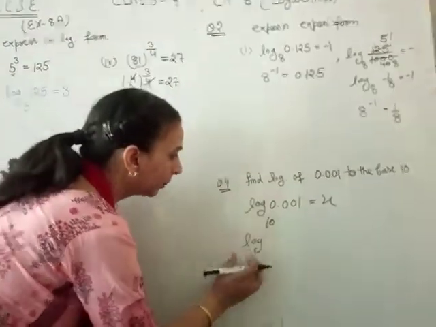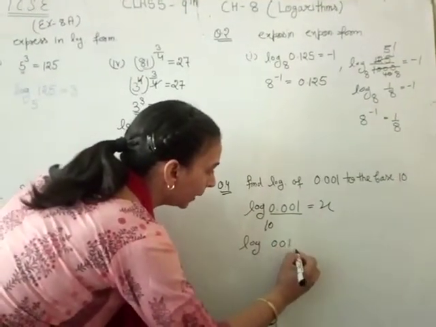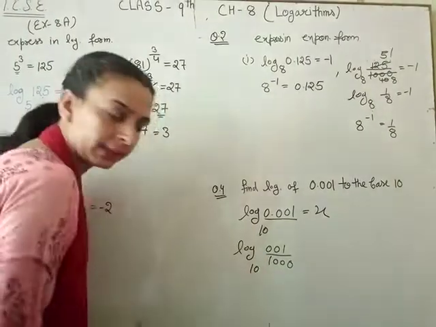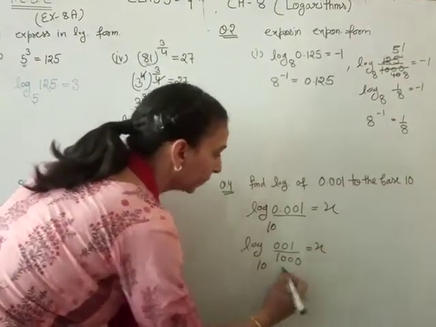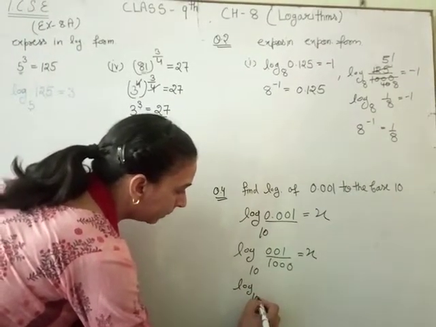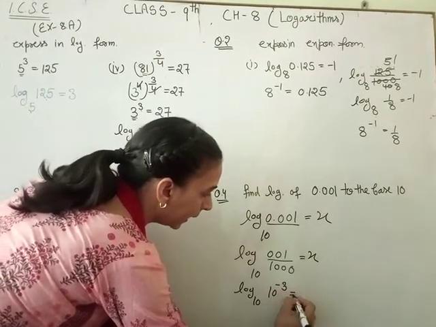Okay student, we write this 0.001 as 1 by 1000 at the base 10, and this equals x. Again we write it, base 10, and we write 1 by 1000 as 10 raised to the power minus 3 equal to x.